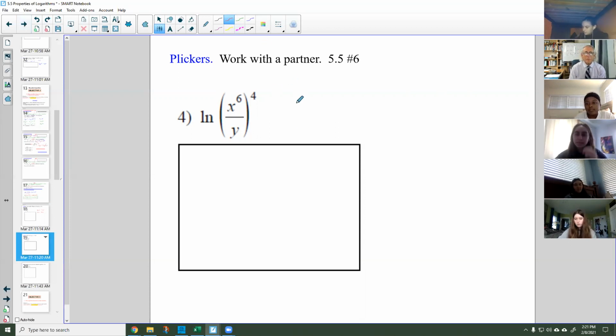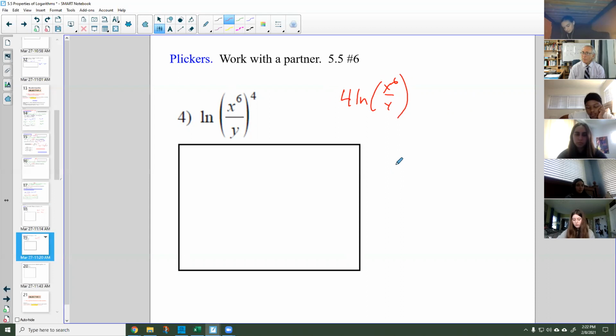So I was a little stuck on the problem. My first step was to do property 3. And so I got 4 ln and then in parentheses x to the 6 over y. That's good. I think that's a good first start. Then what'd you do?